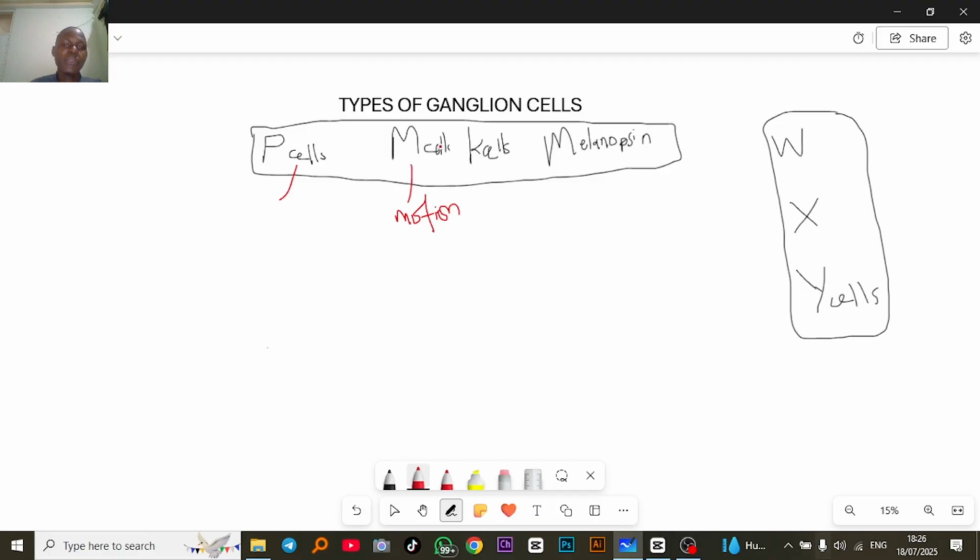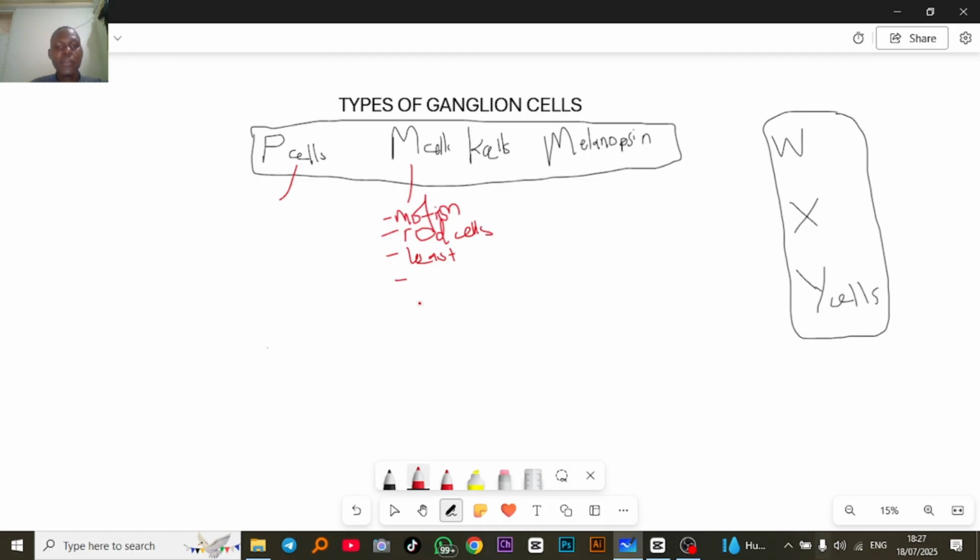M cells, these ganglion cells, are mainly responsible for detecting motion, and they mainly receive information from rod cells, not exclusively, but mainly from the rods, and their information is mainly for motion. Another thing is that you need to take note that they are the least among the types, the least number of cells.